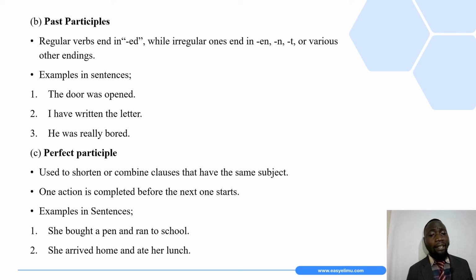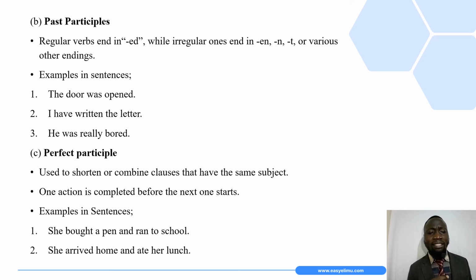The other type of participle that we have, dear students, is the perfect participle. We are told that the perfect participle is used to shorten or combine clauses that have the same subject. This is where an action is completed before the next one starts. An example in a sentence is: she bought a pen and ran to school.